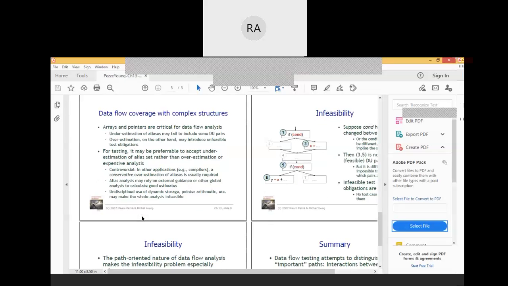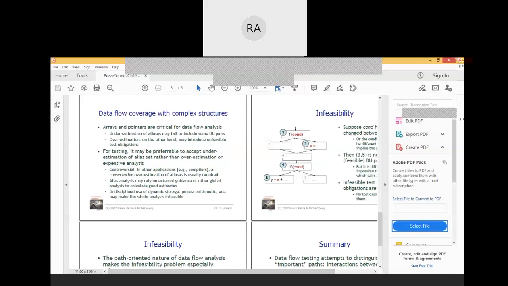All these things will contribute to infeasibility. What do you mean by infeasibility? We'll look into it just after a few minutes. Dynamic storage and pointer arithmetic make the analysis infeasible. You cannot have any test case which is going to test these particular scenarios associated with pointers and arrays.